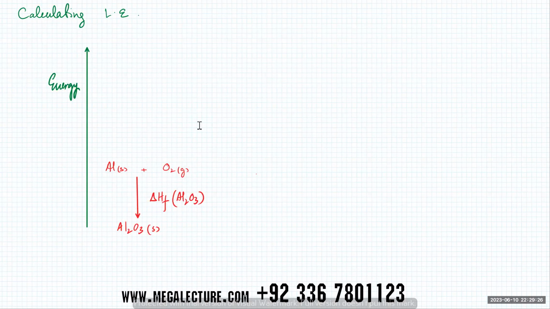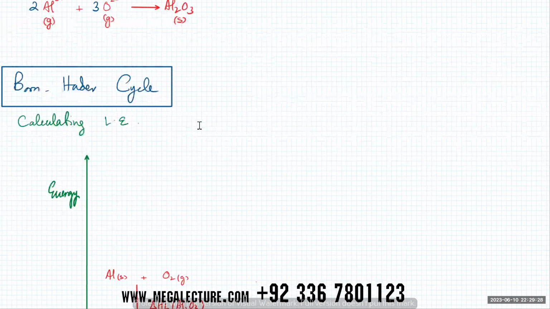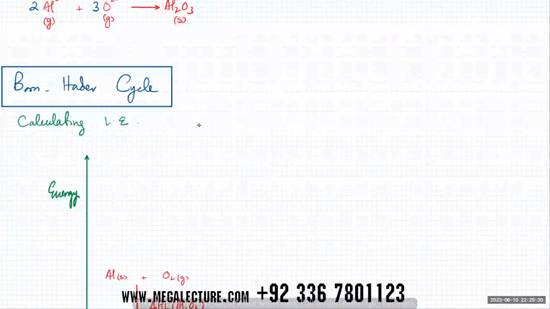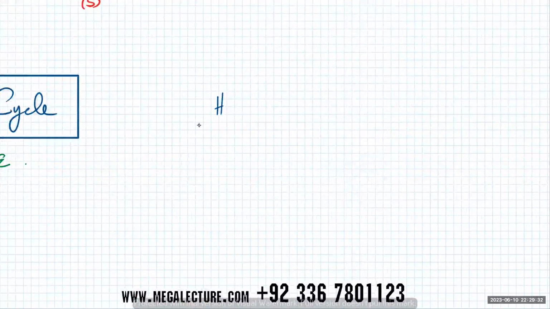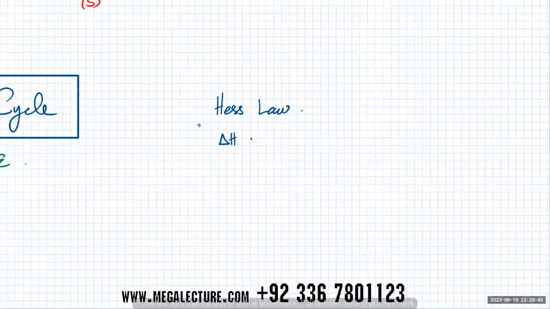I'll write down Hess's law, which is that the Born-Haber cycle is basically Hess's law: the enthalpy change is independent of the path taken.